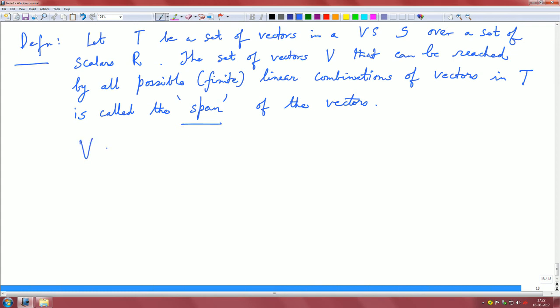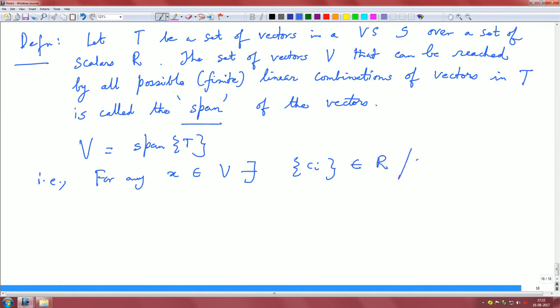So V is basically the span of T. Which means for any x belonging to V, there exist some Ci's belonging to R such that x is written down in this form.